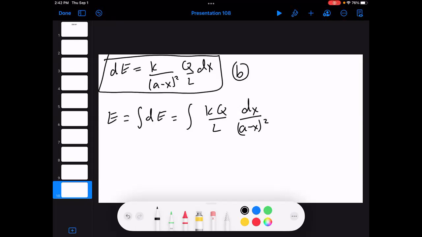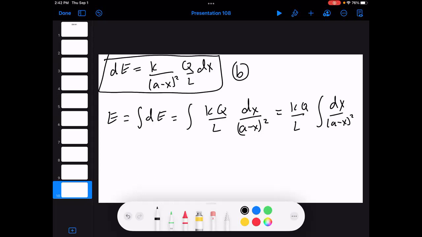I wrote it suggestively because K, Q, and L are all constants, so they will go outside, and we're really integrating dx over A minus X squared. Which you are all probably saying is almost the same as integrating 1 over X squared. So close, right?